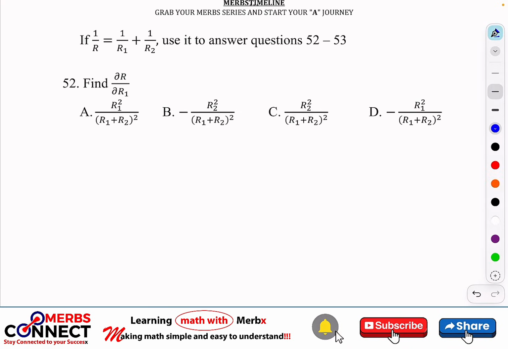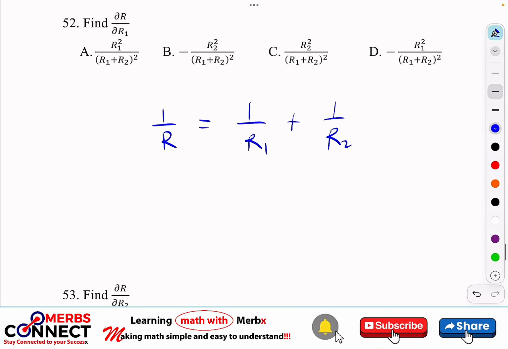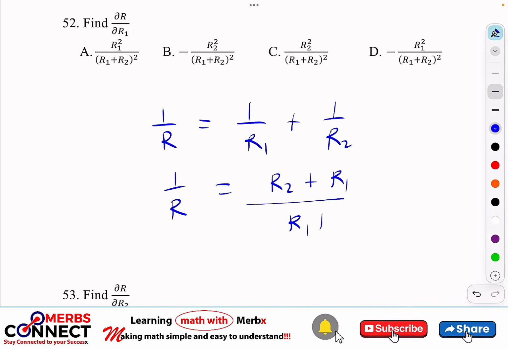Okay, so this one, before we take the derivative, we just need to simplify this, right? So what we can do here is we can say that 1 over r is the same as 1 over r1 plus 1 over r2. Let's find r. So this is the same as r2 plus r1 divided by r1 r2.